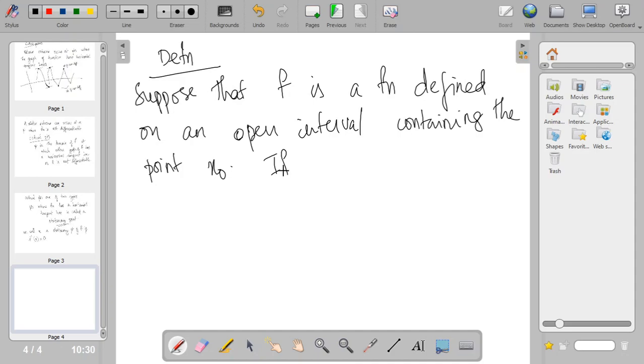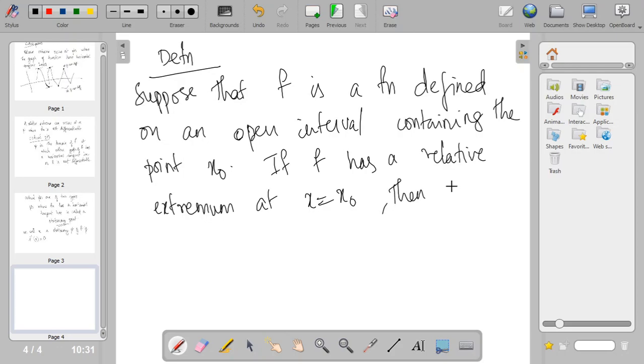If f has a relative extremum at x equal to x naught, then x equal to x naught is a critical point of f.